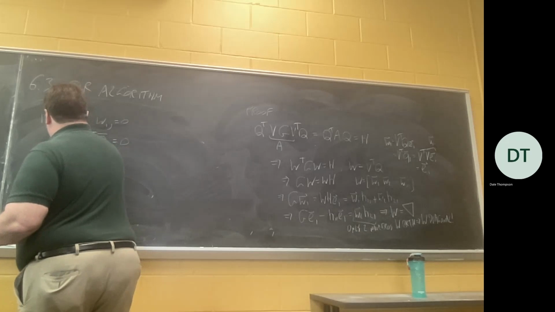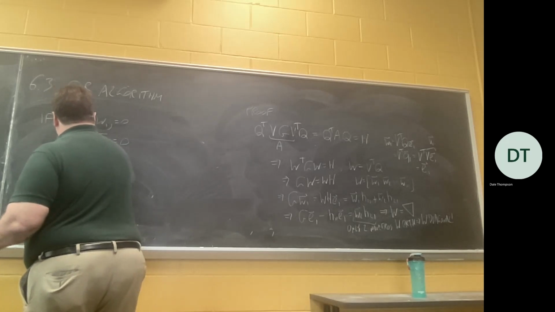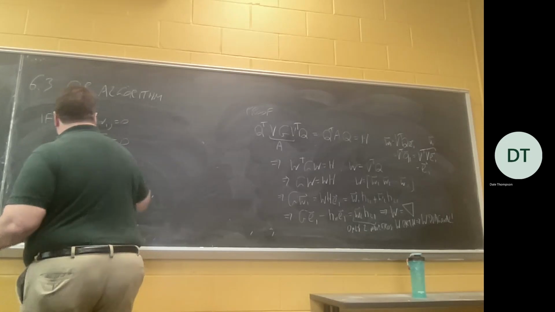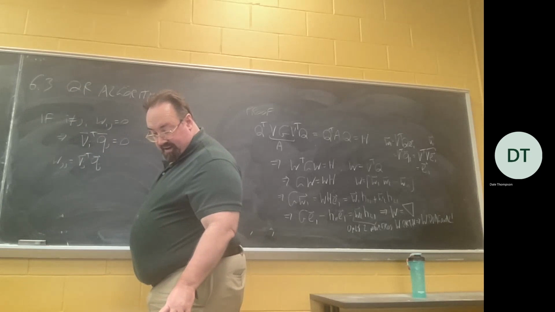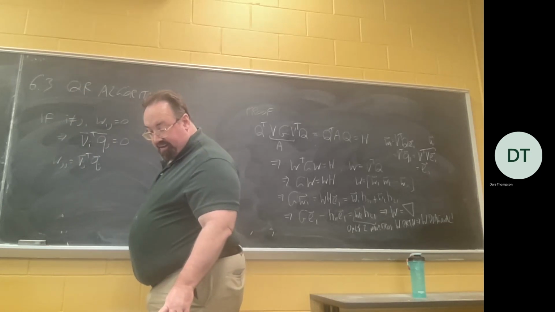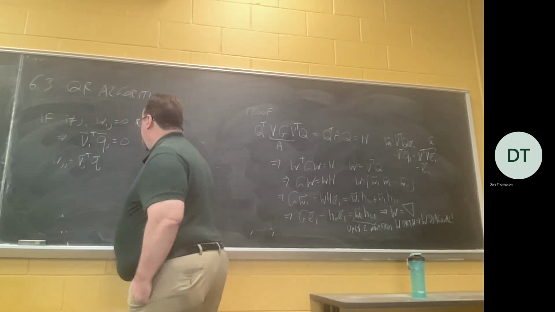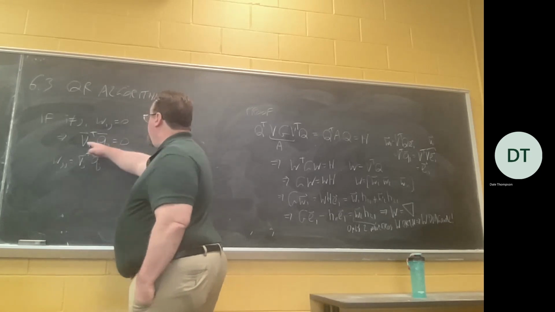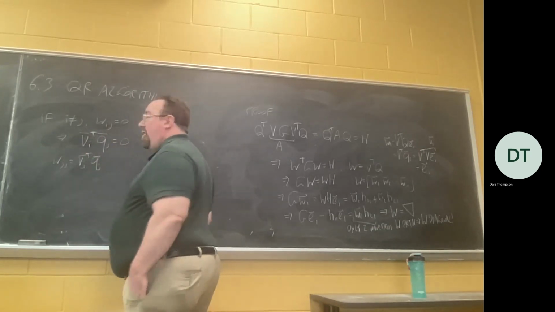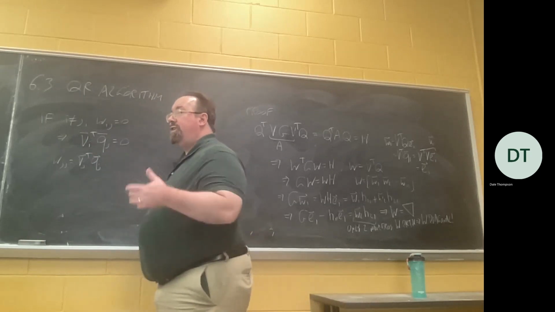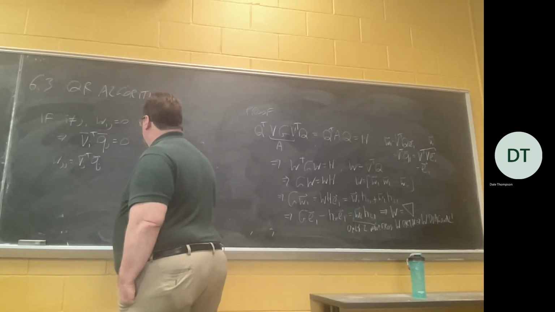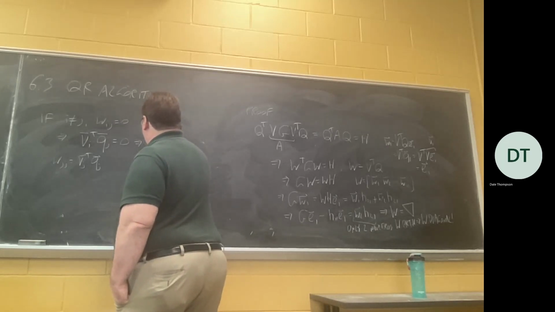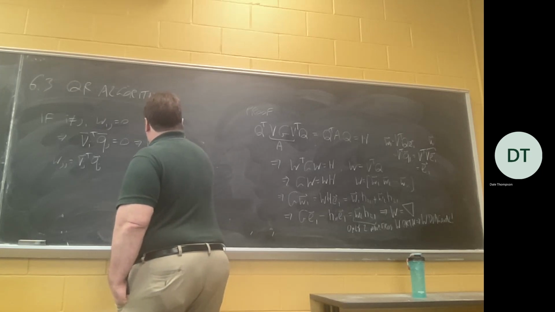Also, we have Wjj is Vj transpose Qj. And those diagonal ones will be non-zero. So each Vi is orthogonal to all the Q's of different indices. This right there tells us that Vi is parallel to Qi.